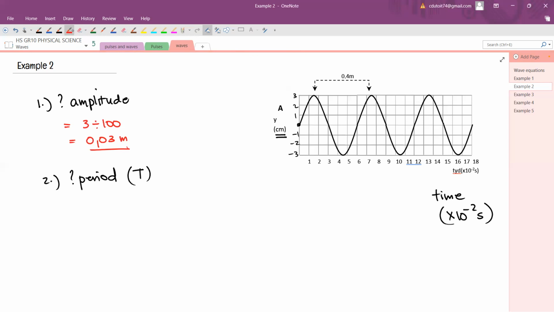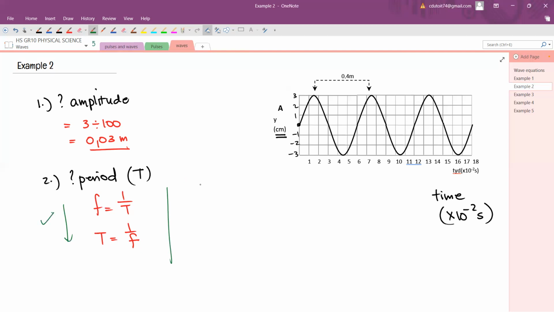Give me an equation. F equals 1 over T, which you then change into T equals 1 over f. Okay. Right, but I have a problem. I don't have f. That isn't wrong. That's fine. But the problem is I don't have f.